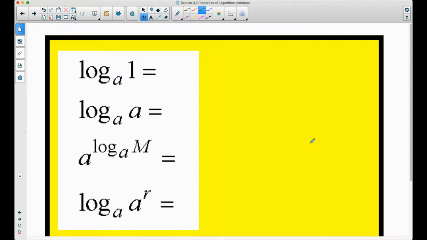So we talked about a couple of these last week, but I wanted to put them as actual properties. We know that if we do a to what power gets me 1, what do we get? 0. Okay. So no matter what the base is, log of 1 is 0.